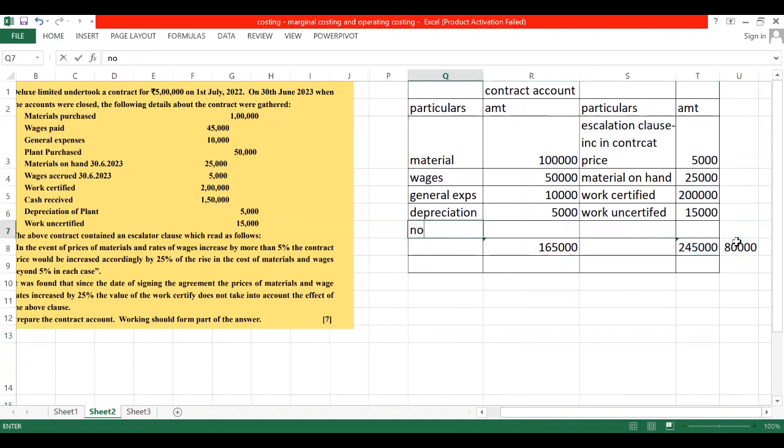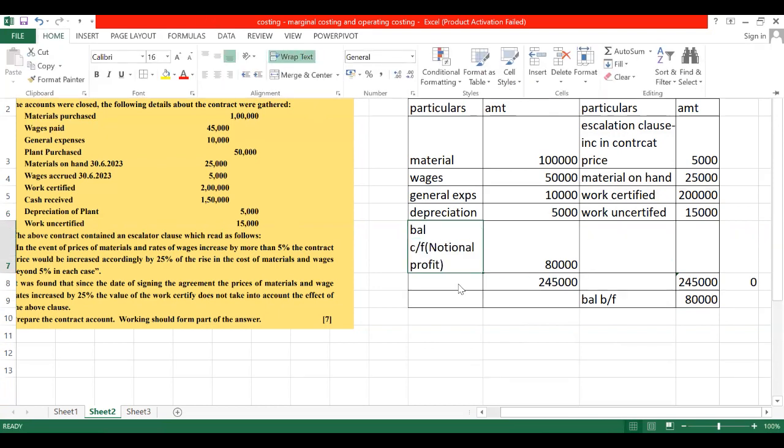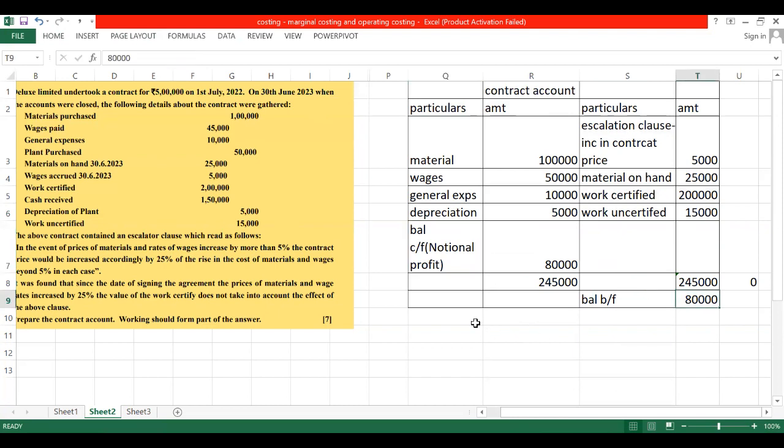So your notional profit is difference between debit and credit, 80,000. Okay, the 80,000 you will be bringing it forward. Okay.